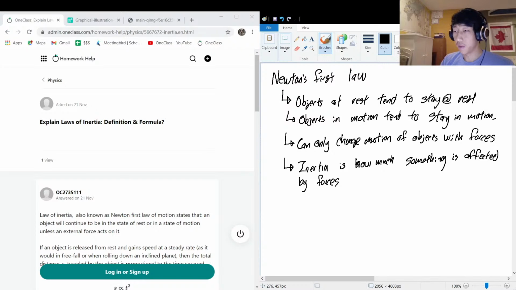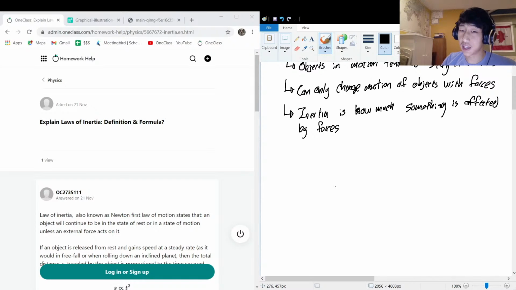If we have a flag waving in the air, the wind is going to affect the motion of the flag a lot. Lots of wind, lots of flag motion. But think about something like a brick. You can have a lot of wind go onto a brick and it's not really going to move. It has a lot more inertia. So another way that we can say inertia is mass.